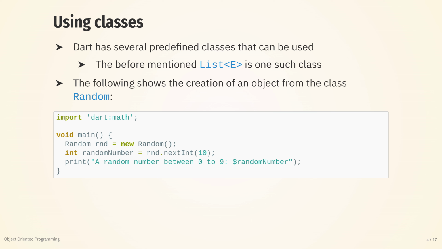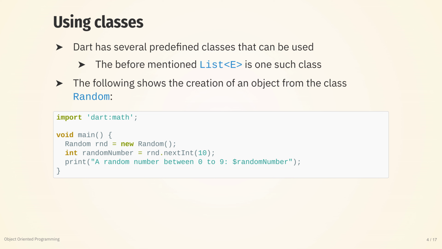And in this case, we are going to look a little bit at Random. So we need to import dart:math first. And then in our main, we create an object by saying that the name of the object should be rnd, and it should be of type Random, which is a class, and it should be created as an object from new Random, so the Random class.